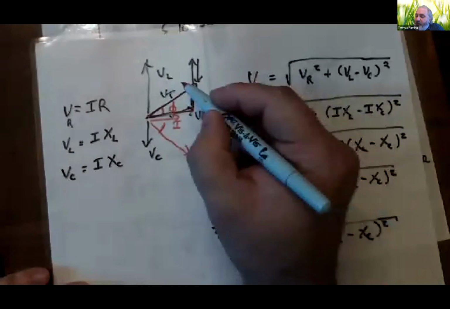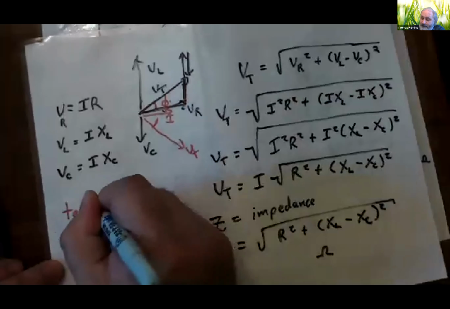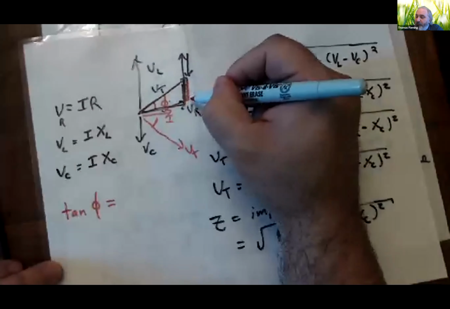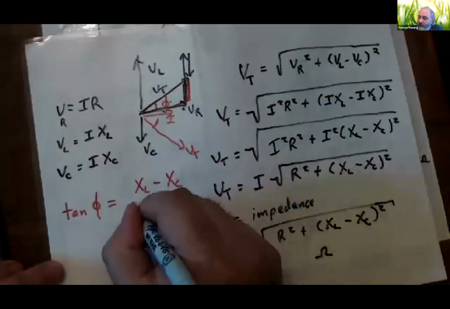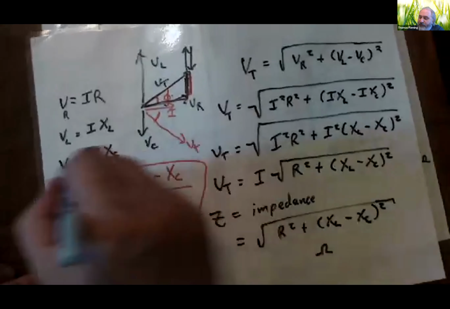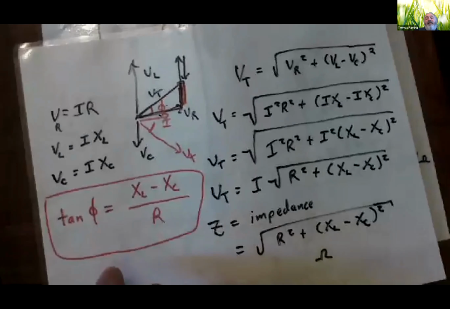And the tangent of that angle is going to be the length of this side, the opposite side, but that is just XL minus XC divided by the length of this side, R. So if I want to find the phase angle for that circuit, that's how I would do it. Notice if the phase angle is positive, that tells me that the voltage leads the current. And if the phase angle is negative, that tells me that the voltage lags the current.